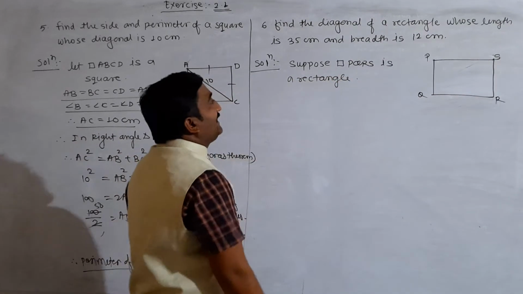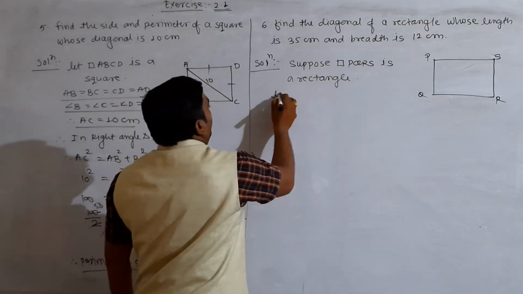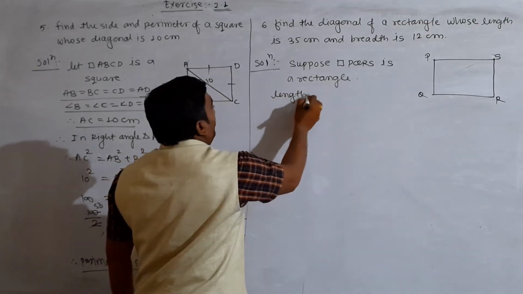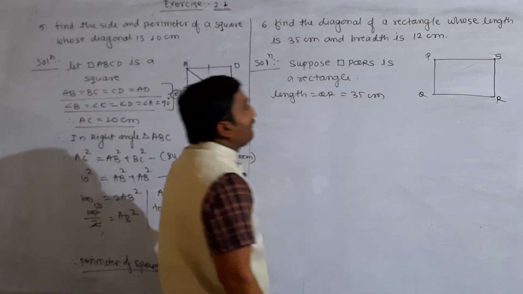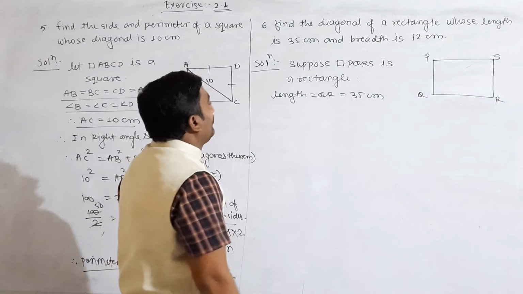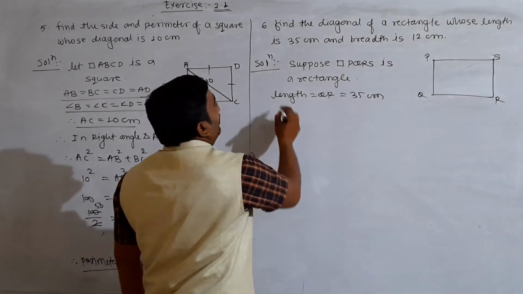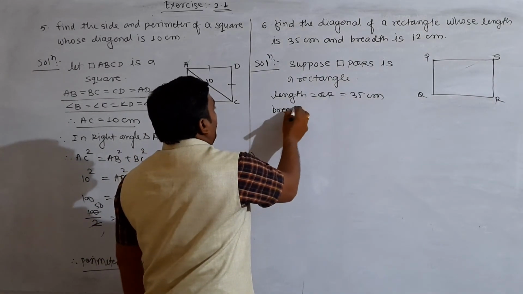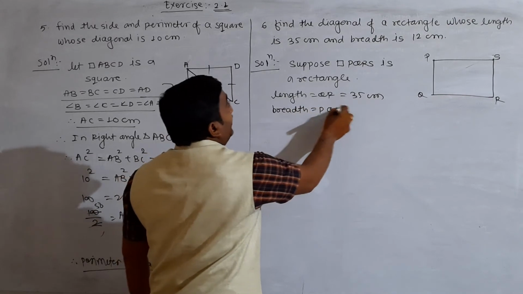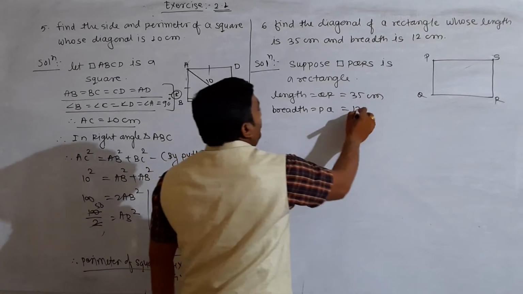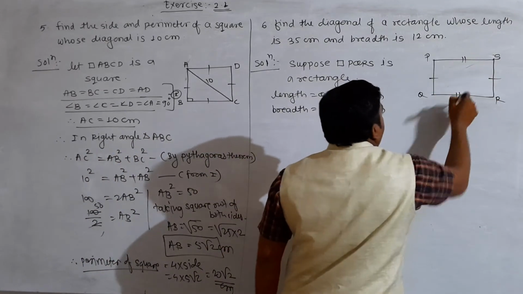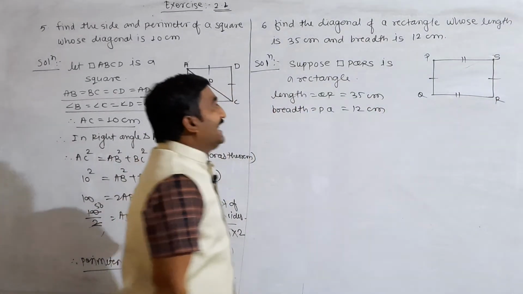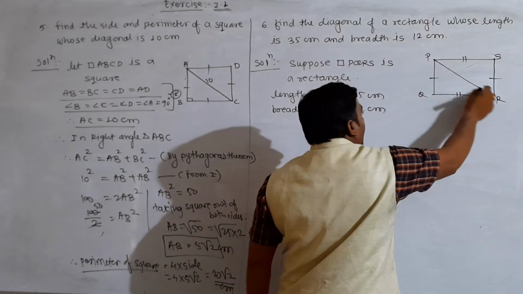And it is given that its length QR is equal to 35 centimeter, and breadth PQ is equal to 12 centimeter. We know that opposite sides are congruent. Then we can draw diagonal PR.